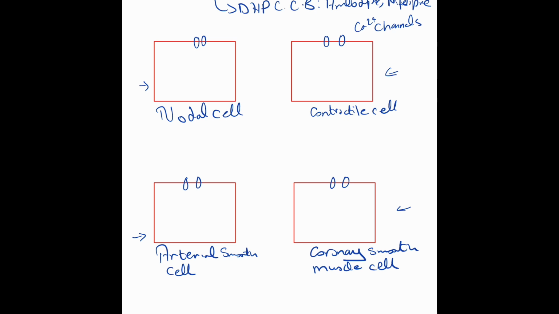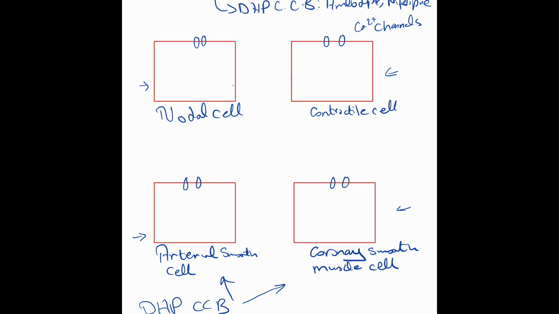The non-dihydropyridines mostly act on the top 2 cells, the nodal cells and the contractile cells, while the dihydropyridine calcium channel blockers act on the arterial smooth muscle cells and the coronary smooth muscle cells. Having said that, the non-dihydropyridines, verapamil and diltiazem, have some effect on the arterial and coronary smooth muscle cells. So let's see the mechanism of action.